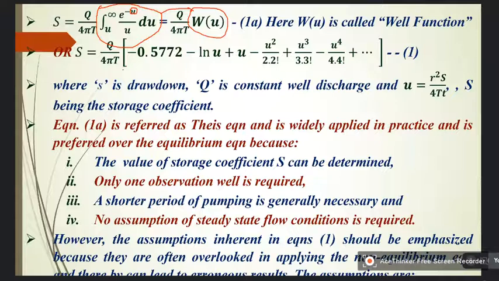Now here, what is u according to our physical situation? u is equal to the parameter r squared S by 4 t small t. So r is the radial distance at which we are considering, and S is the storage coefficient.